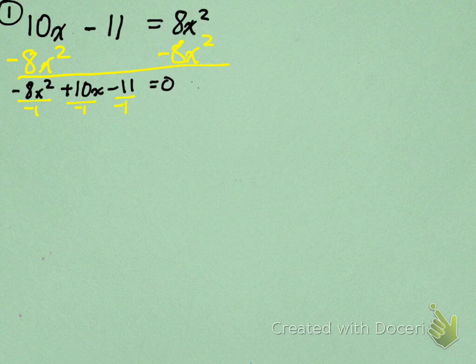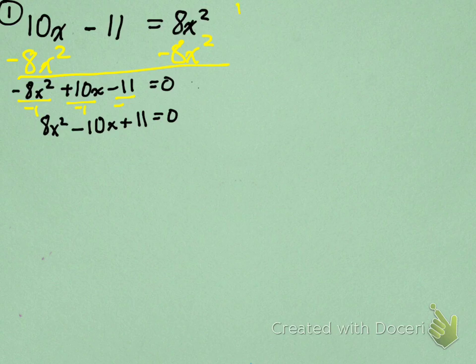And I would recommend doing that just because having the a negative does cause problems. For people most of the time, they'll mess up in simplification. And so that's going to give you 8x squared minus 10x plus 11 equals 0.